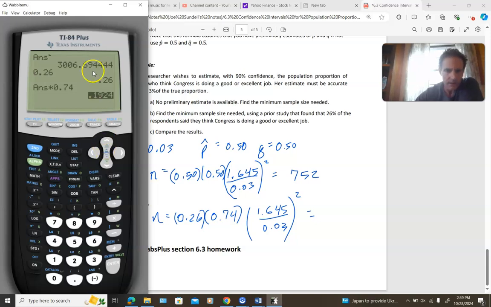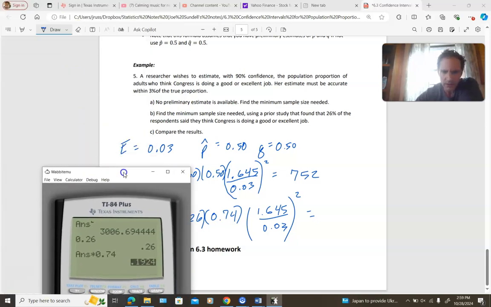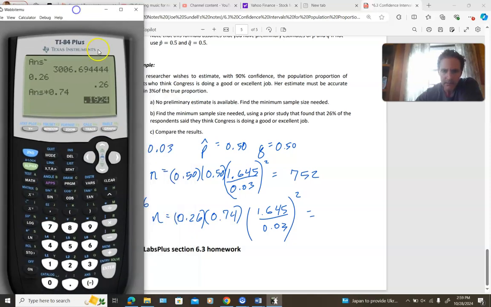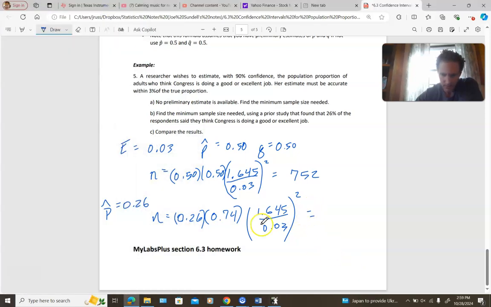I'm getting a decimal here. So I made a mistake somewhere, because I should not be getting a decimal, because we're talking about a sample size here.